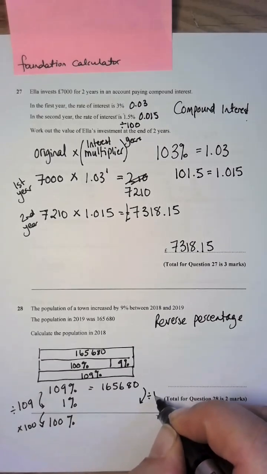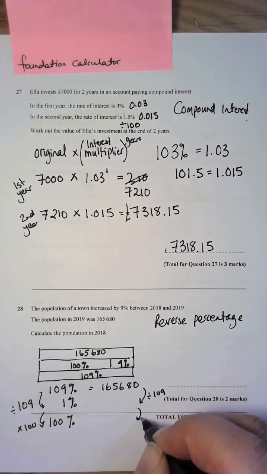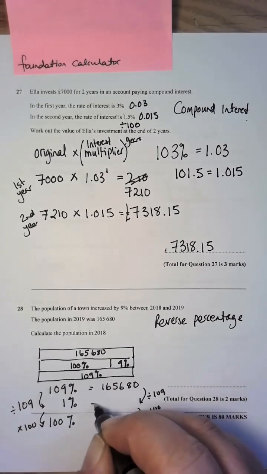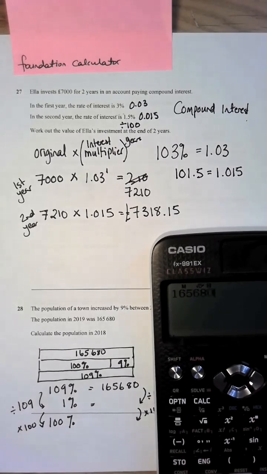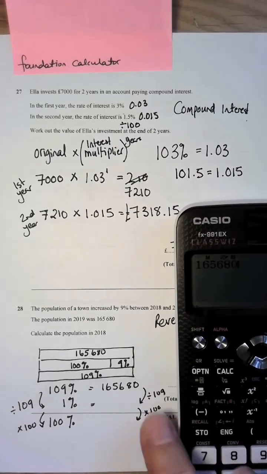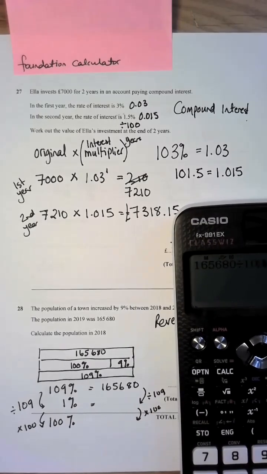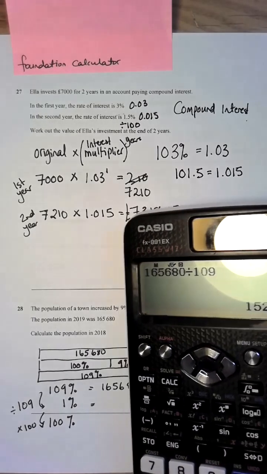I do the same here. 165,680, and then I'm going to divide by 109, 1520.